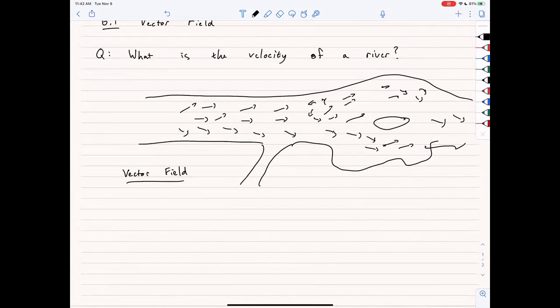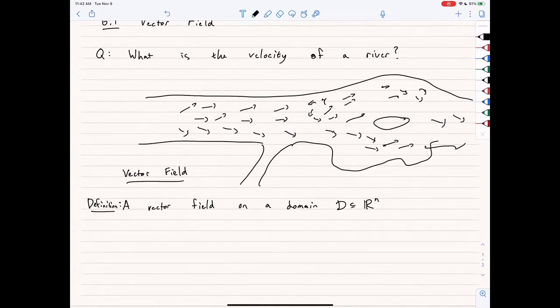Okay, so what is the exact definition that I want to give here? A vector field is a definition. Well, we need to define it on something, on a domain, D, inside of R^n.